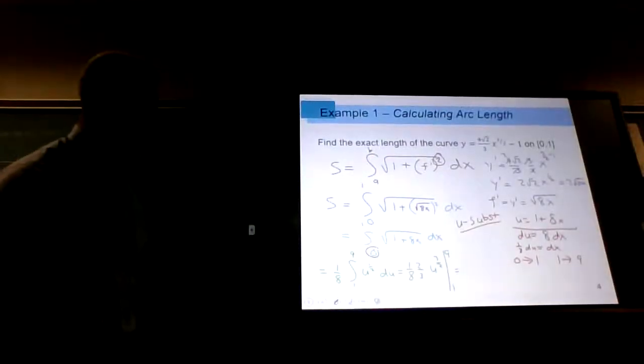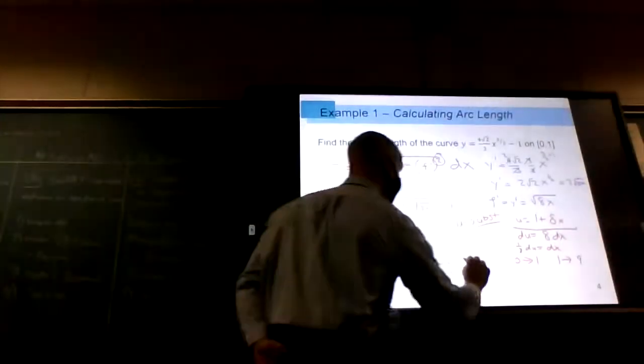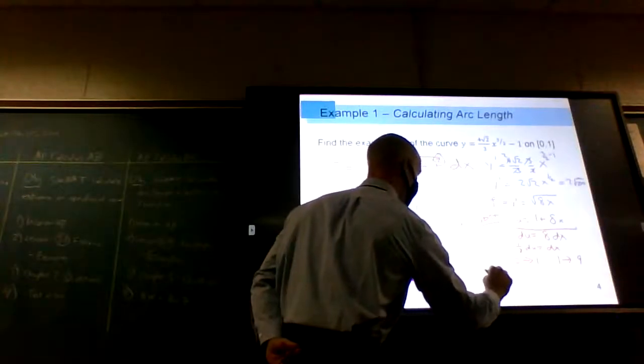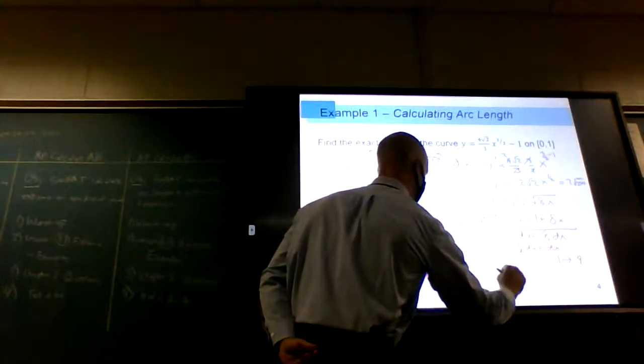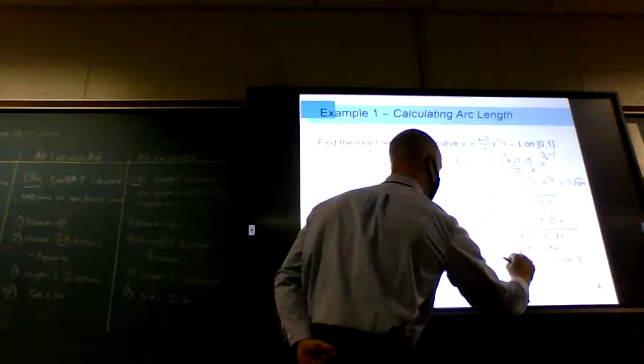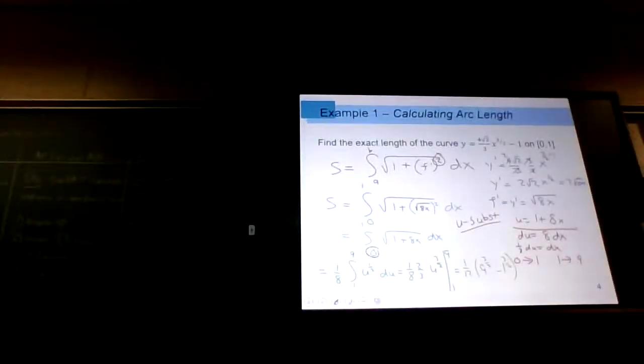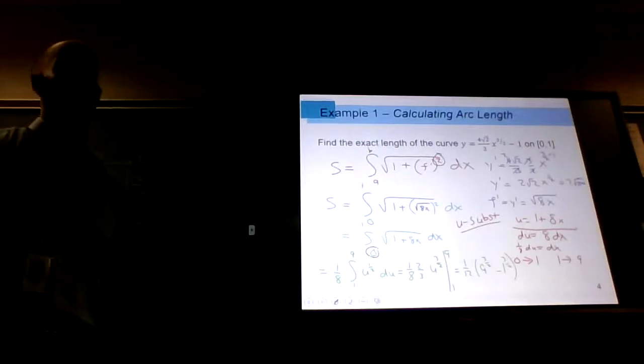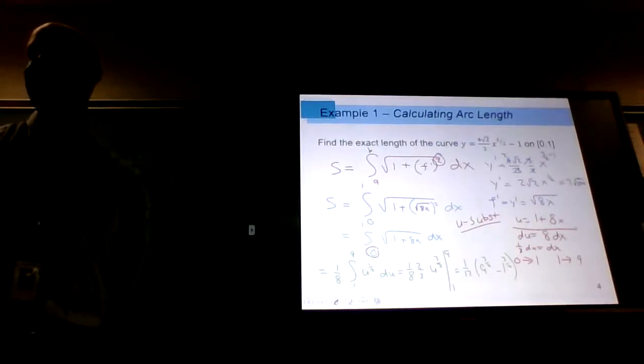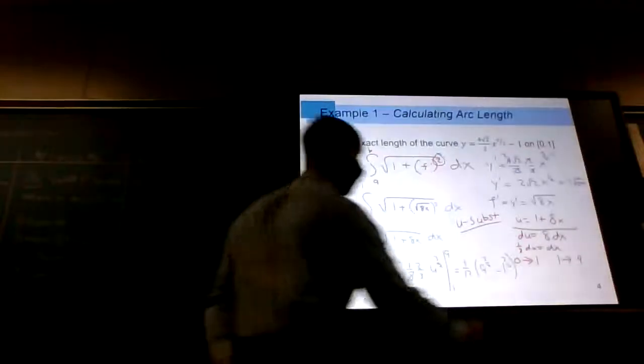So is that 1/12? 1/12 times 9 to the 3/2 minus 1 to the 3/2. Square root of 9 is 3. To the third is 27. So 27 minus 1 is 26.